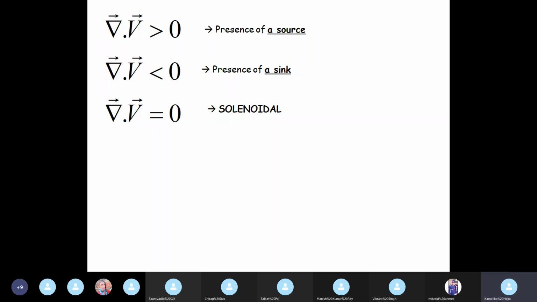You would understand that the number of lines of force passing per unit area per unit time through an area around that point P is very high. There are a large number of lines of force through that, which means that the intensity of the electric field at that point is very high because the lines of force are very dense.